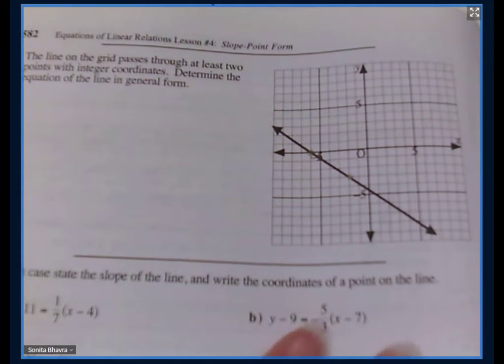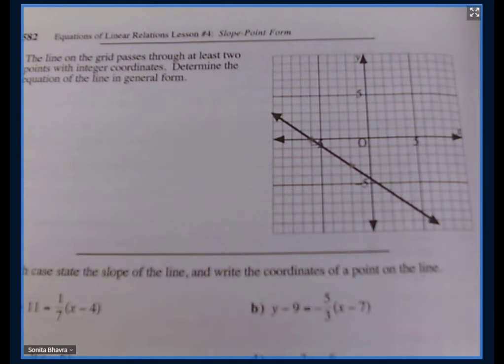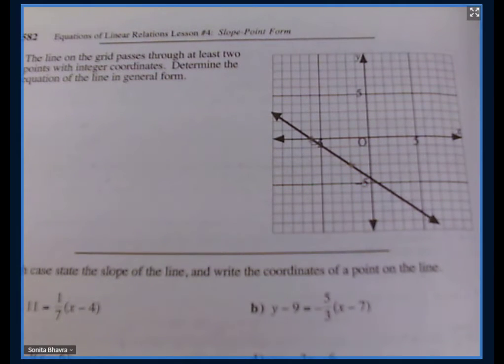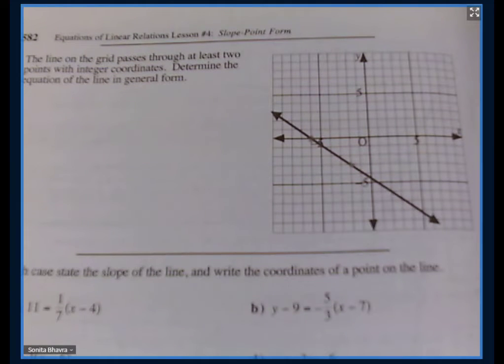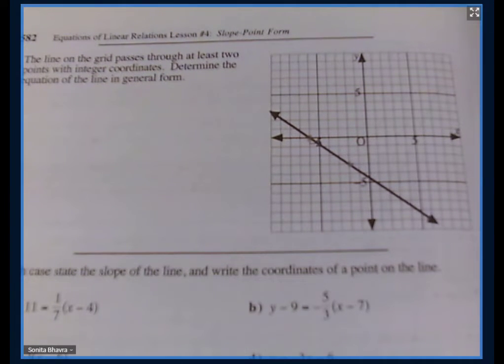Okay, in this example, we are given a graph, and we are given that the line on the grid passes through at least 2 points with integer coordinates. Determine the equation of the line in general form. So I'm just going to choose 2 points on this line.